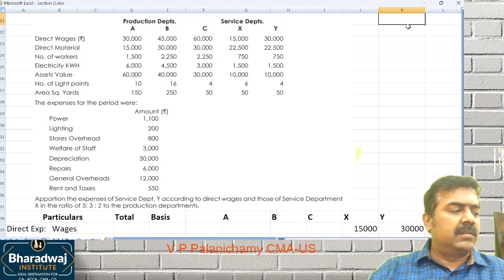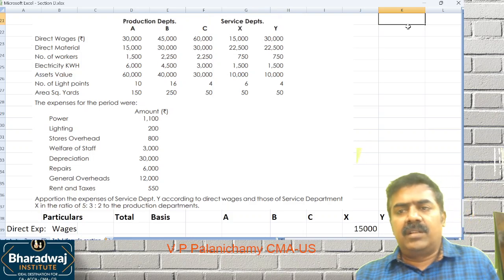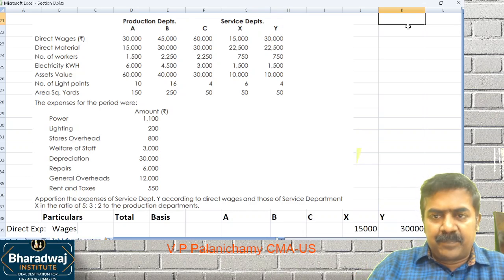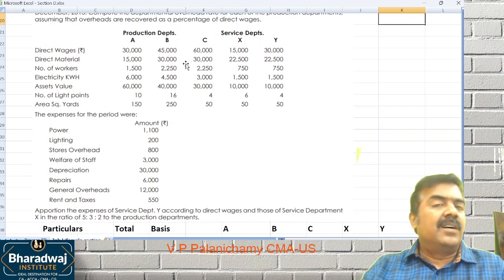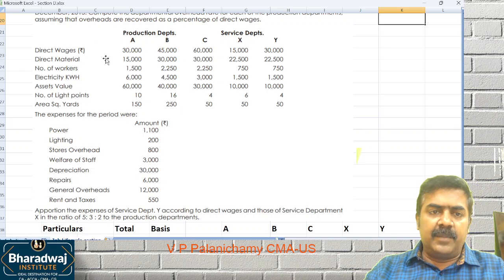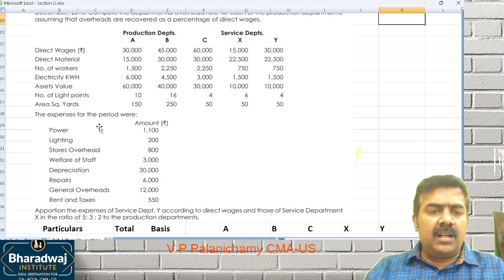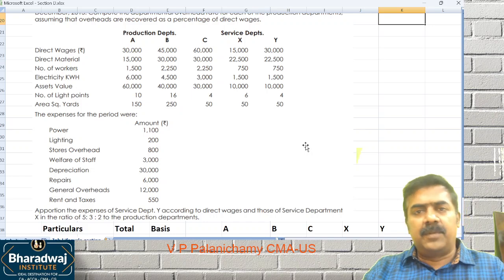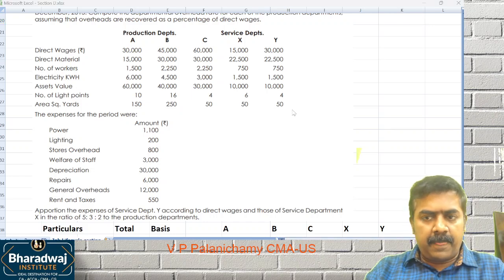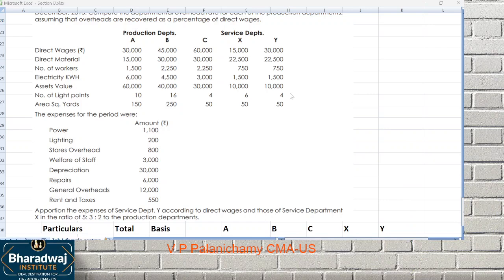In this chapter, you work more and I work less. So I request you to apportion the overheads and tell me. Direct wages and direct material, take it only for X and Y. All other indirect expenses, apportion on a suitable basis and tell me.